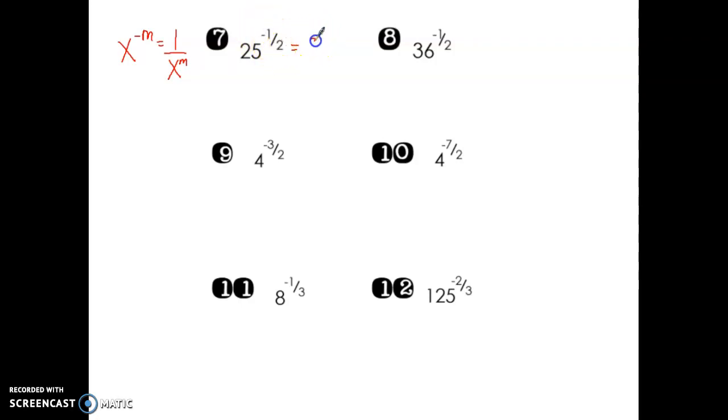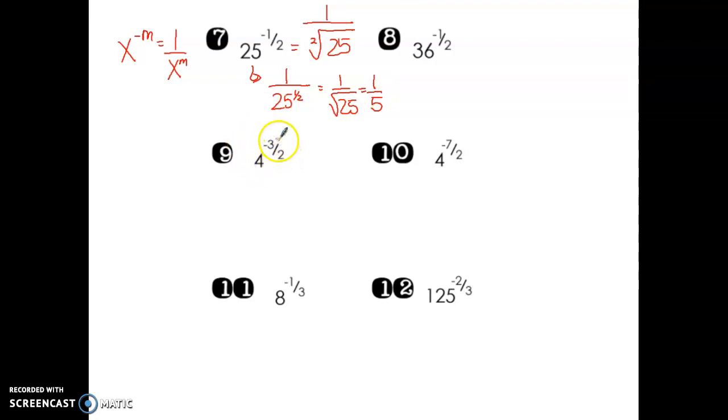Oh, I kind of jumped the gun there. So I can rewrite this as 1 over 25 to the power of 1/2. The power of 1/2 is the same as taking the square root. So this will reduce to 1/5.